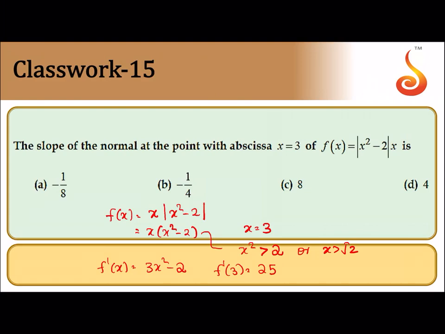So what is f dash x we get? F dash x we get as x cube, that is 3x square minus 2. So f dash 3 will give you 3 3s are 9, 9 3s are 27, 27 minus 2 will give you 25.